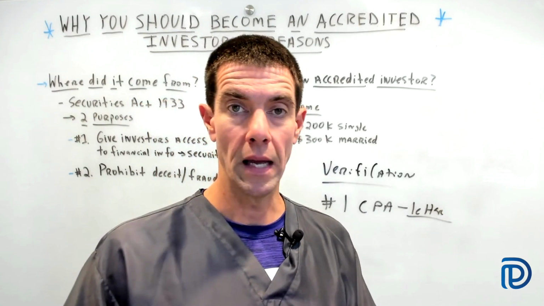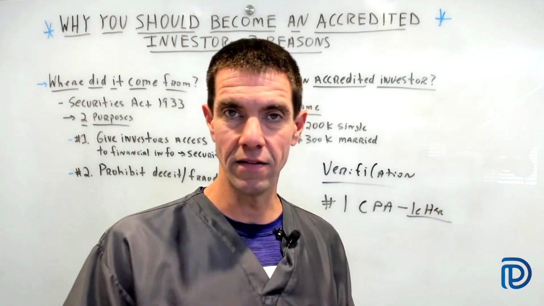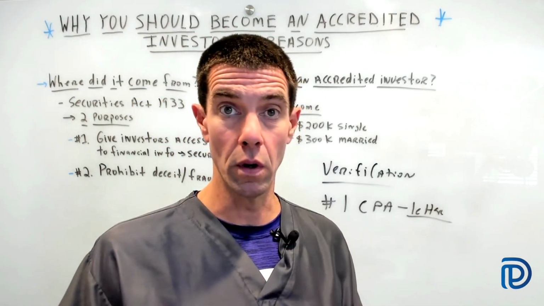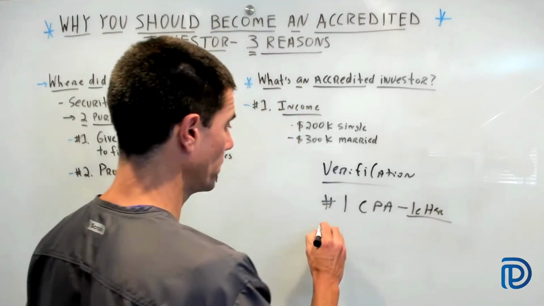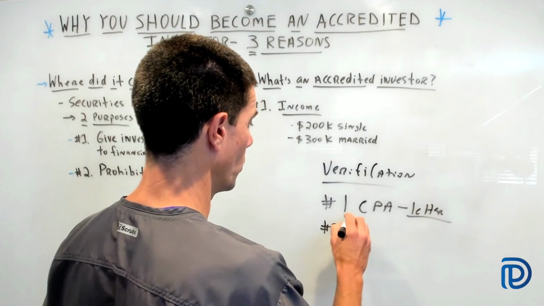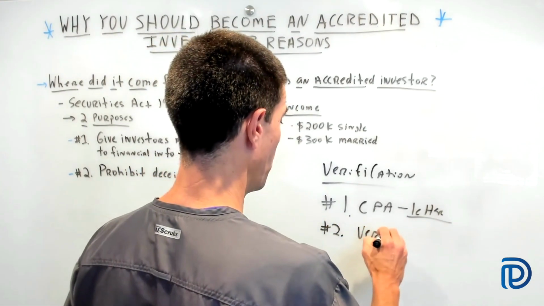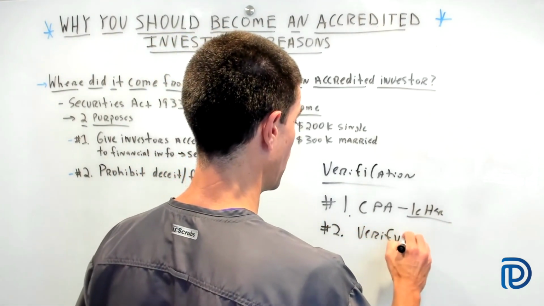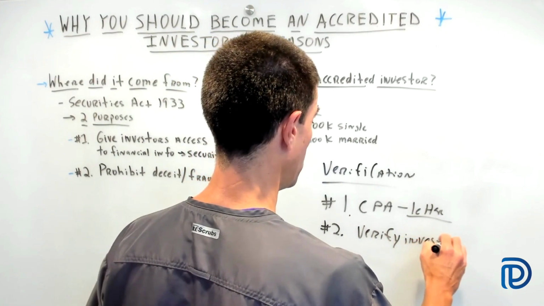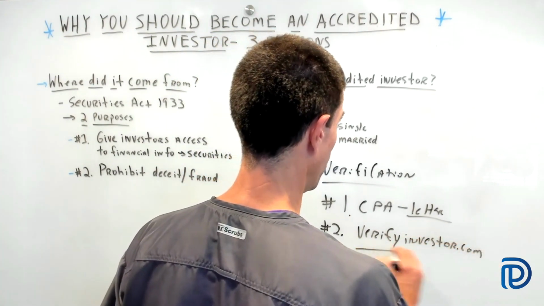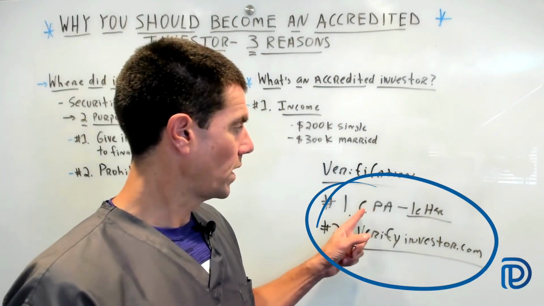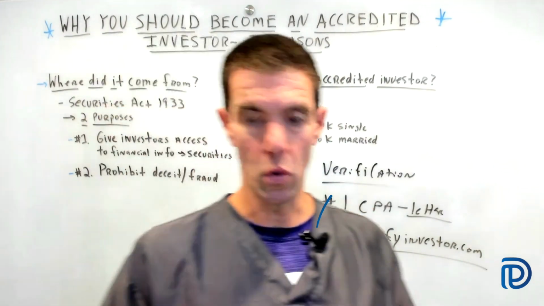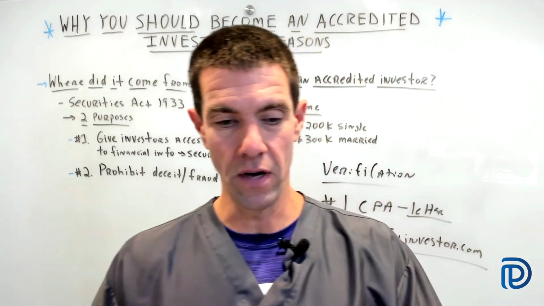Anytime you invest in something and need to give proof that you were accredited, well, you've got this letter. Another popular way is there are different websites. I know a popular one is verifyinvestor.com. I'm sure there are other ones out there, but that's a really popular one. So again, a quick way is getting a letter from your CPA or going to a website such as verifyinvestor.com.